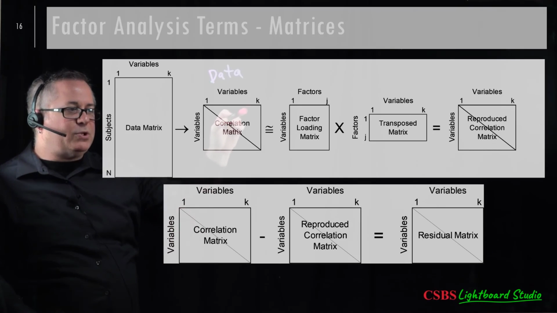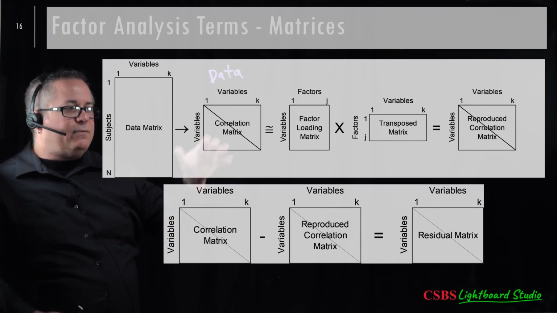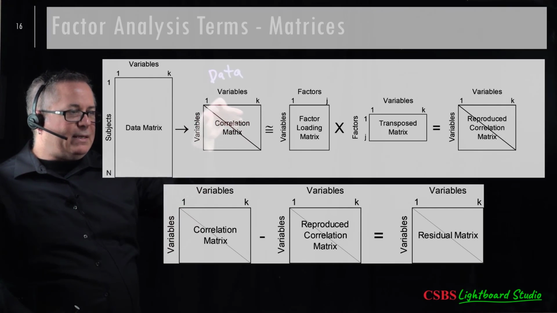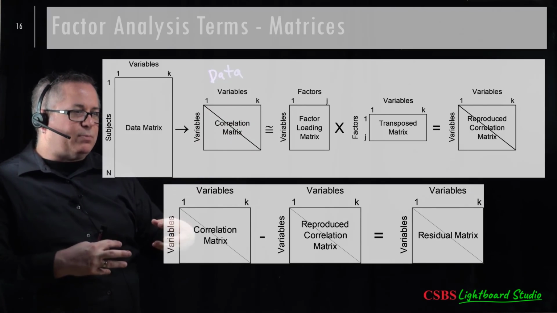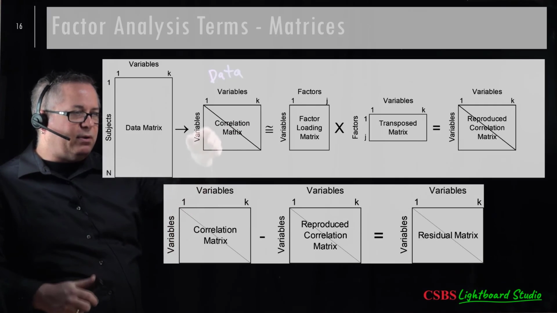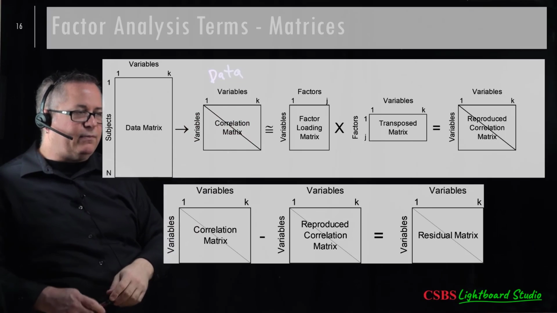Anyway, so once you get it to a correlation matrix like this, the eigenvalue decomposition is going to be applied to this matrix, and that's really the extraction part of it. It's going to identify all the clusters of items. It's going to bring back different vectors.